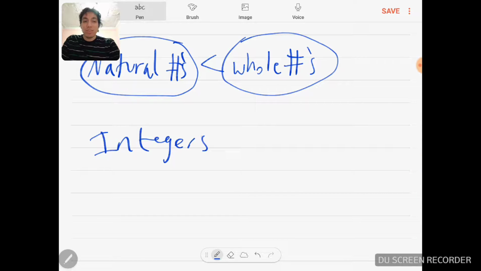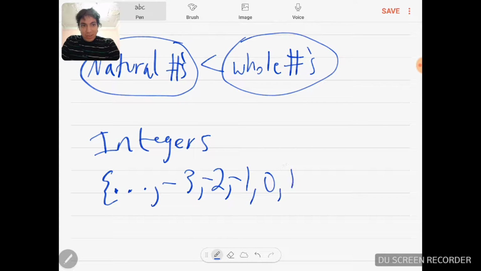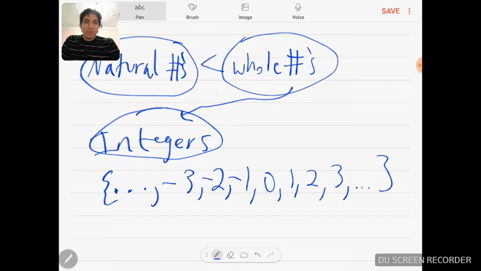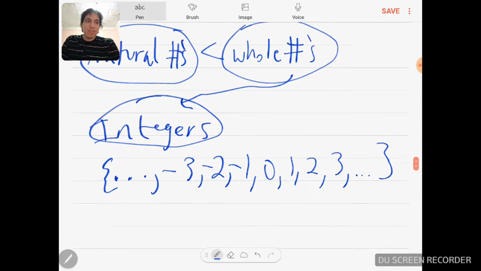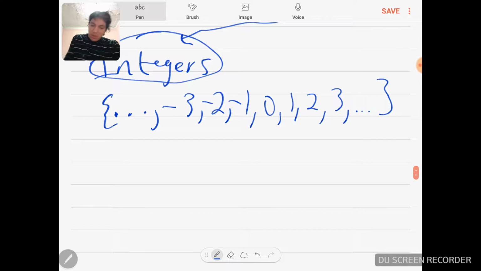What makes integers different than whole numbers? Well, basically they include negative numbers and 0 and every other positive number. So ideally, integers is greater than whole numbers.